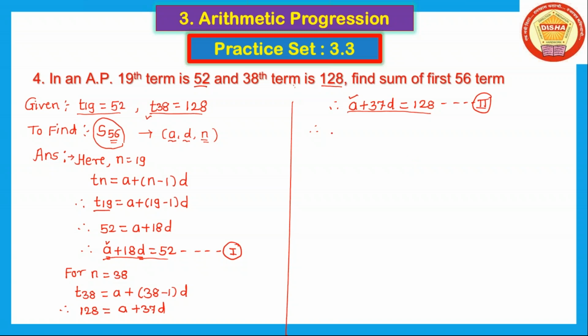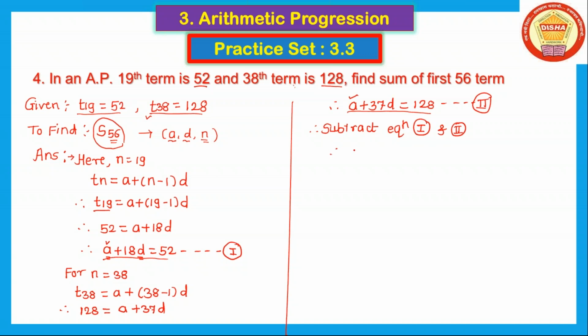So for elimination we subtract. Here we write subtract equation 1 and 2. Why are we doing subtraction here? Because in both equations the variable A has the same coefficient with the same sign.